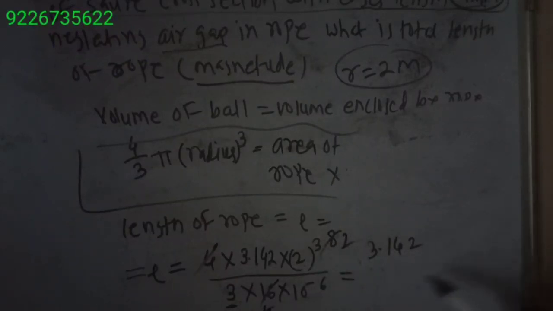So the remaining value is 3.412 multiplied by 2 divided by 3 into 10 raised to minus 6. Unit is meter.